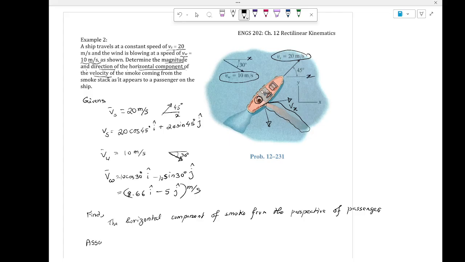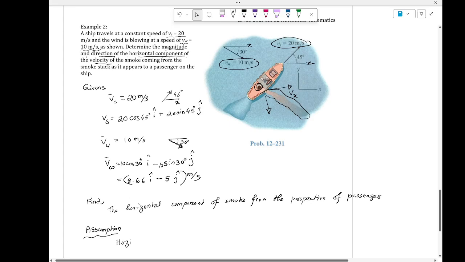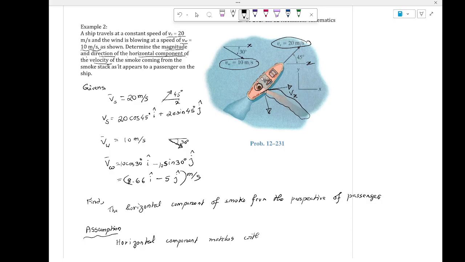So that's the assumption. In other words, this V smoke and V wind are the same.